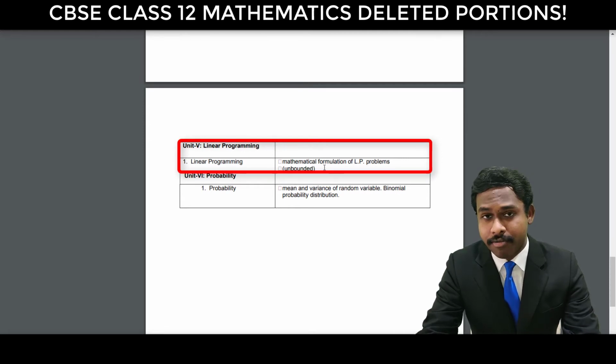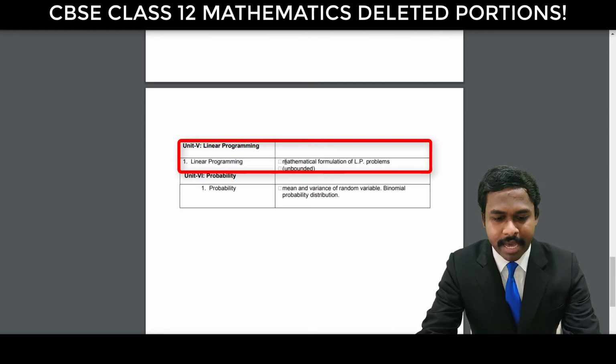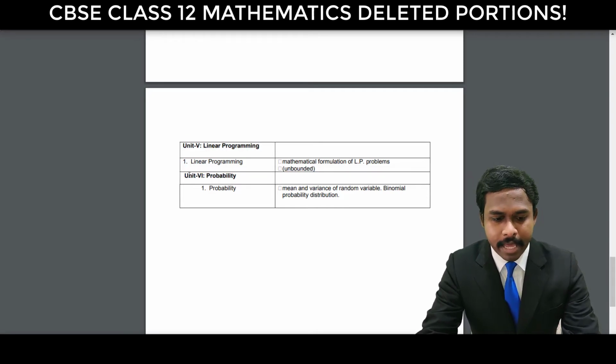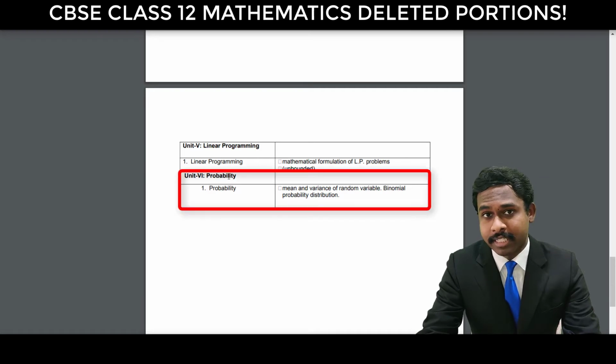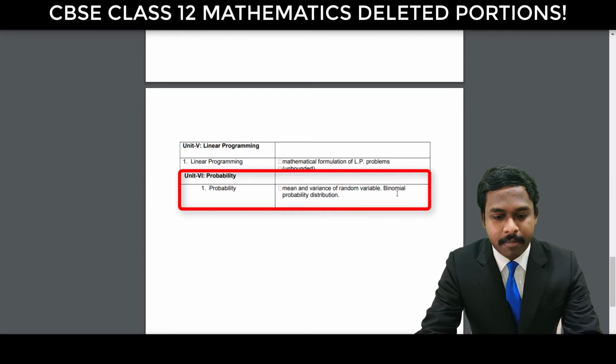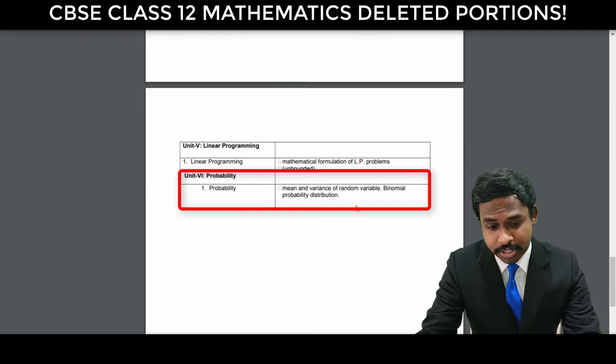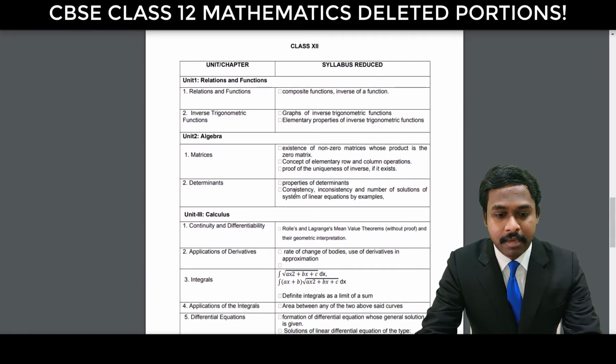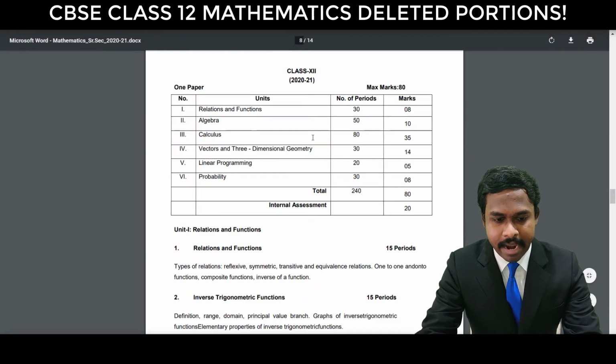Here, you don't have mathematical formulation of linear programming problems, or unbounded problems. You only have bounded problems. And in probability, which is the last and final unit, the sixth unit, you don't have mean and variance of random variable, and binomial probability distribution. You don't have these topics. You only have the important topics which are in the syllabus.